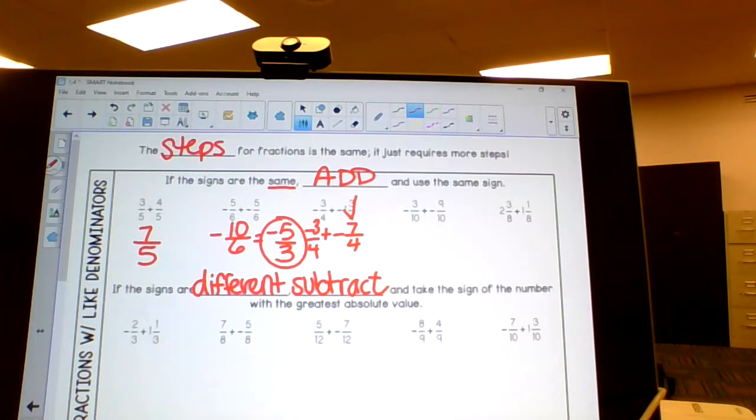Same sign. Add and keep. So that's going to become, what's 3 plus 7? 10. So that's negative 10/4. Oh, you can reduce. It's divisible by 2 because they're both even numbers. So that reduces to negative 5 over 2. Alright, why don't you all try those two at the top?